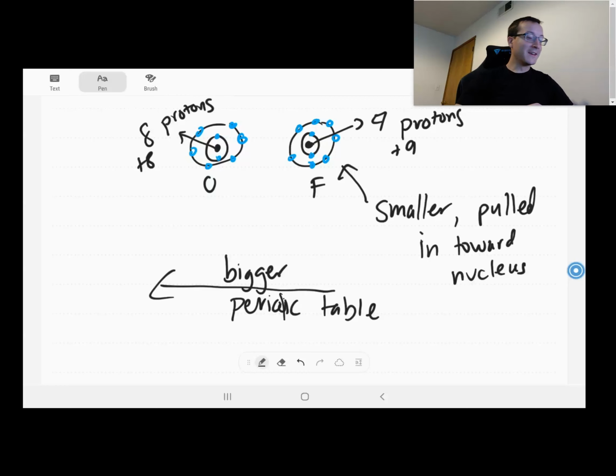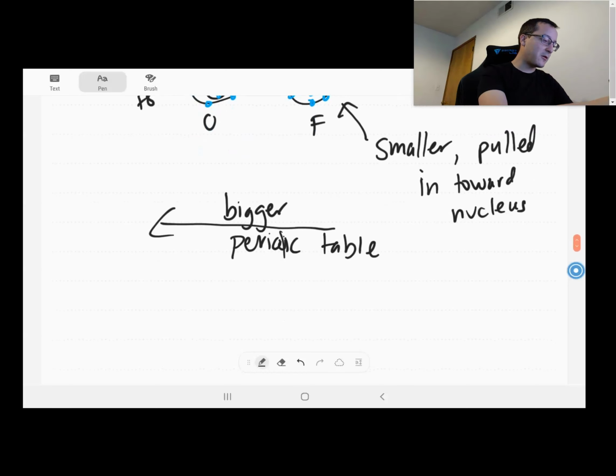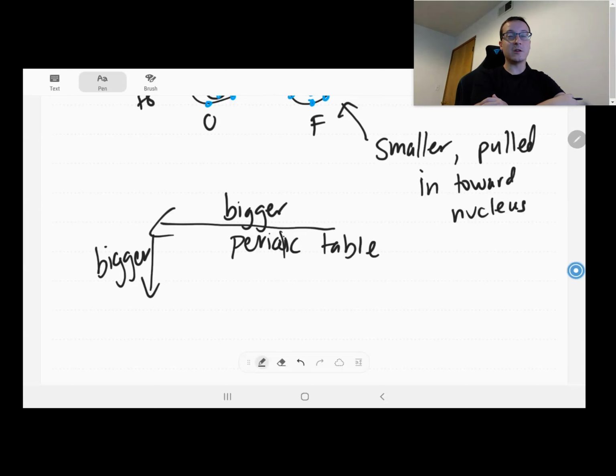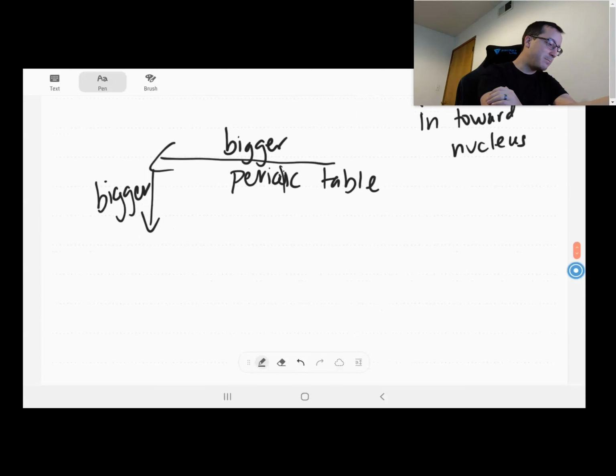Yeah, whatever. Okay, cool. So, we also saw before that as you go down the periodic table, you also get bigger. So, if we had to guess, what is the biggest element on the periodic table? Yes, absolutely. The biggest is francium.